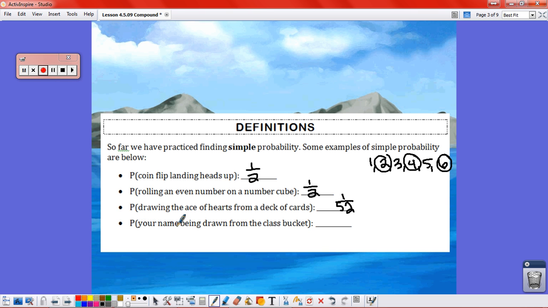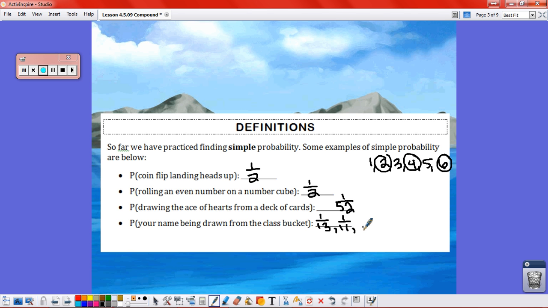And the probability of your name being drawn from the class bucket. Well, it depends on the class, but for instance, in 8th period we have 13 kids, so that would be 1 out of 13. In 1st period there are 11 kids, so that'd be 1 out of 11.